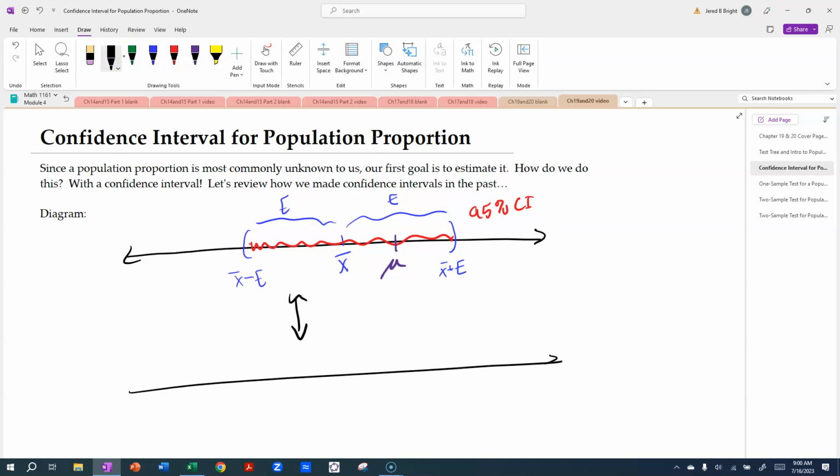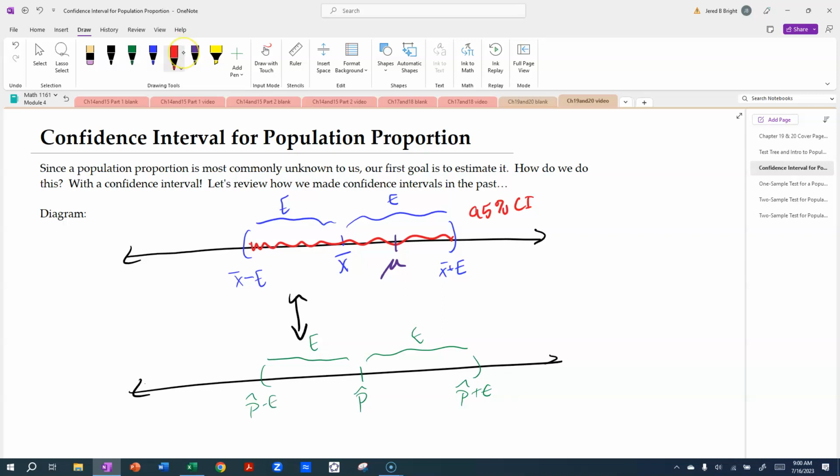So the idea would be, we're going to take a stab at the value of the population proportion using p hat. That would be a good first stab, a good estimate, right? And it's an unbiased estimator. And then from there, we would extend out some margin of error in both directions, give ourselves some wiggle room, and we'd have p hat plus E on the right side, and p hat minus E on the left-hand side.